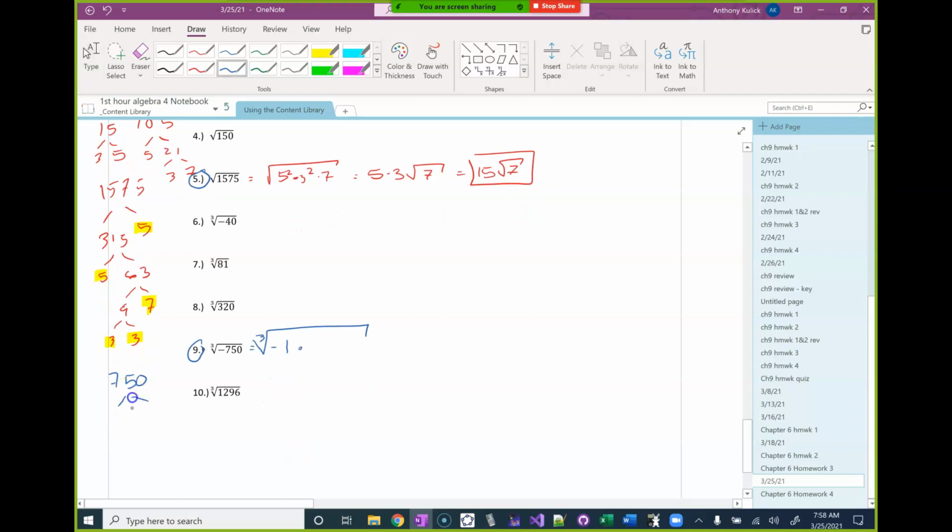So 75 and 10 seems pretty obvious. 10 is 2 and 5. 75 is 3 and 25. And 25 is 5 and 5. So if I look, I have three 5s. And then I have a 2 and just a 3.